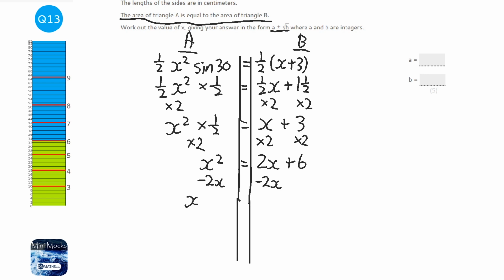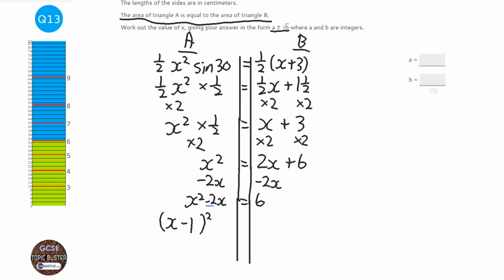And so we've got x squared minus 2x equals 6. Now to do this, what we need to do is put a set of brackets down, and it's going to be x, and it's going to be half of the number before the x. So if you have a look here, it's a 2 there, so we're going to subtract 1 inside the bracket, and we're going to square it.